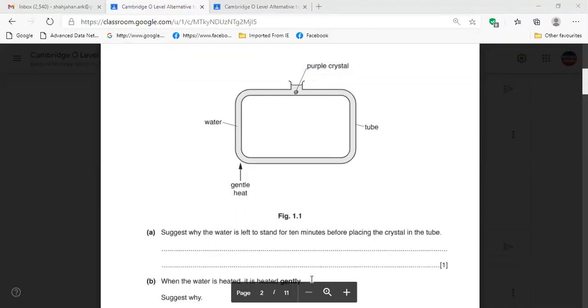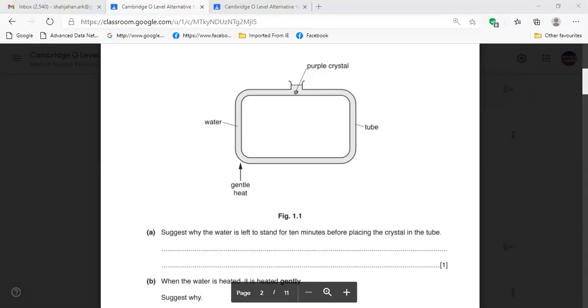Hello, Tamjid and Abir. What you wrote here in question 1A. Have you tried question 1 and 3?